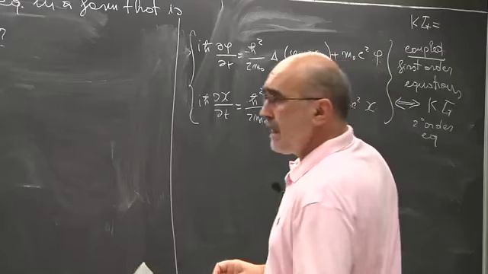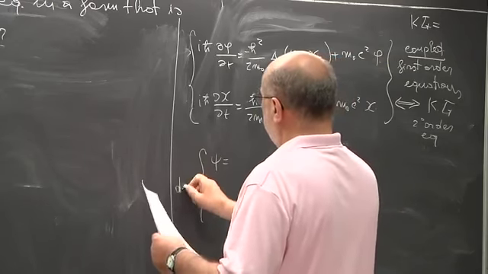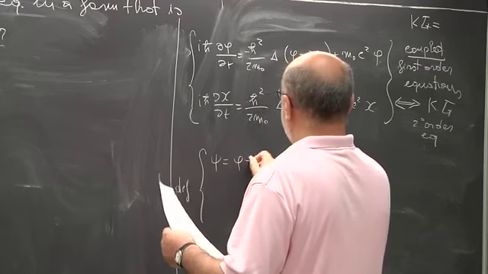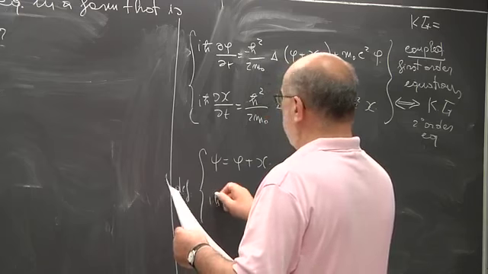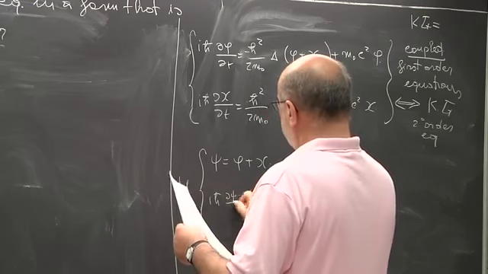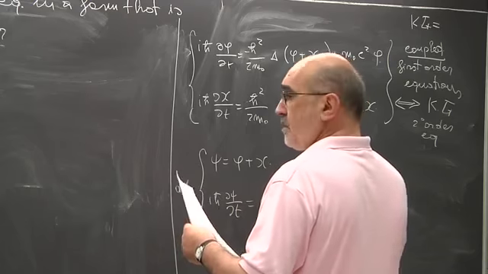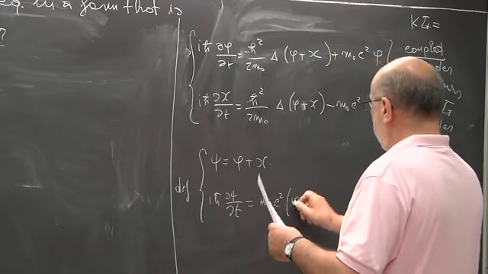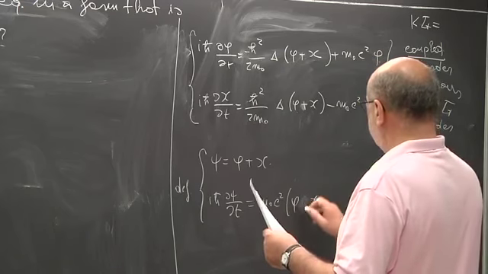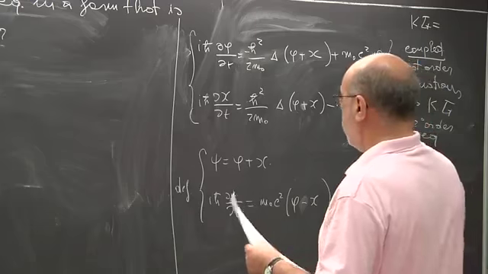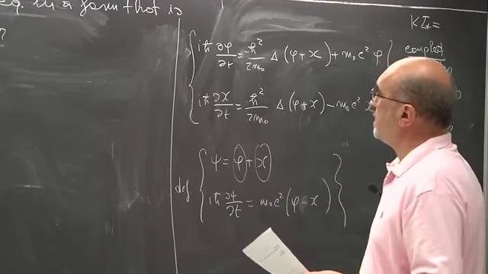We proved that, and the definition is psi equals phi plus chi, and i h bar d psi dt equals m0 c squared (phi minus chi). Okay, so this is the definition of these two new fields.